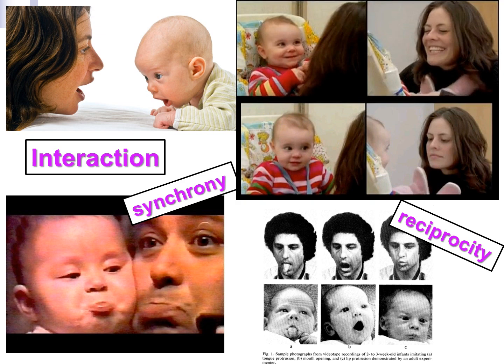So what does that look like? Interactional synchrony and reciprocity get confused as terms, okay? So it's really important that you stop and you define these and you get these straight in your head. So interactional synchrony is where they're mimicking each other. So you can see here that the baby and the mum are pulling the same face.